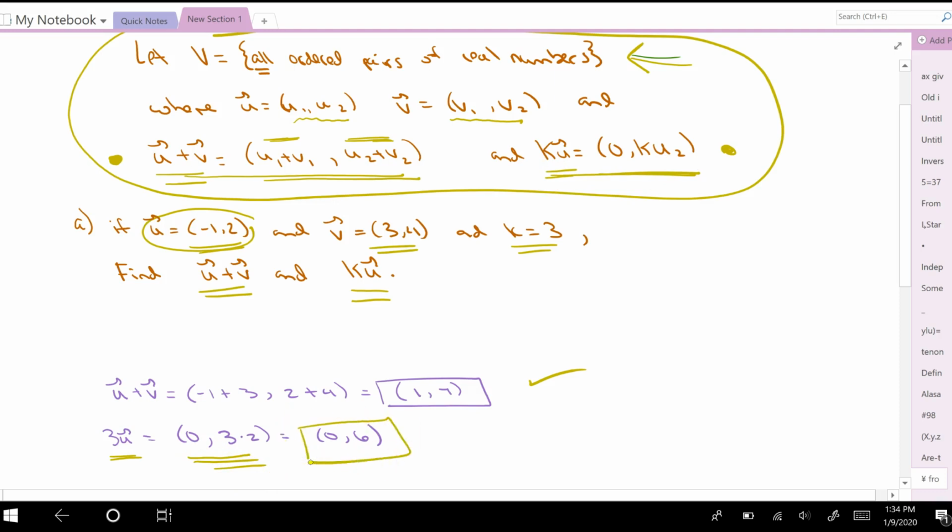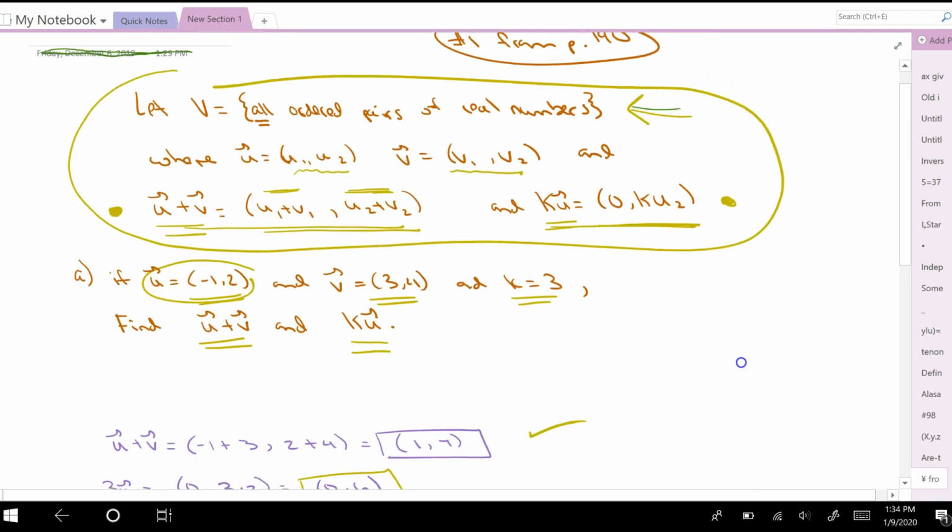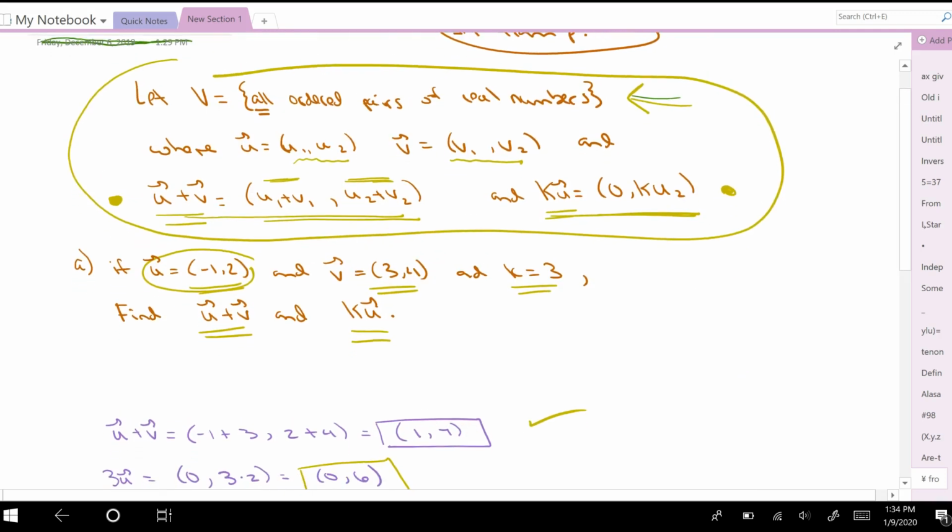Then the question is, is this set closed under the operation of addition and scalar multiplication as it is written here?